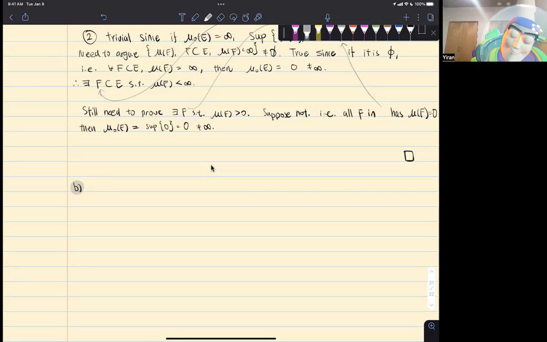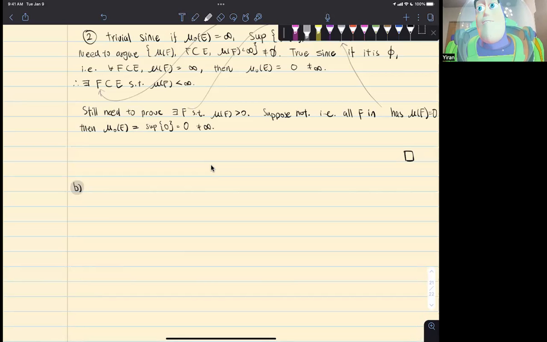Hence, mu of E is equal to the summation of mu of Ej. So in both cases we were done. I think the only additional thing I need to mention is that if Ej is not sigma finite, then E is not sigma finite.